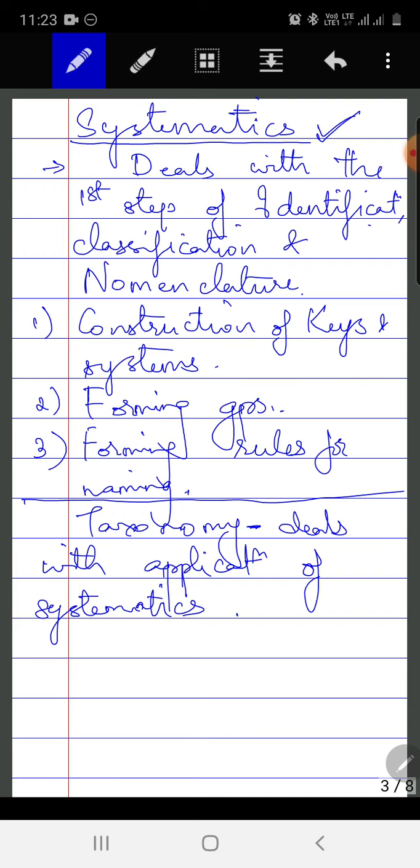Now cockroach is an insect, right? But first you created basic rules for the group insect. In the 9th class you have studied diversity. Now let us suppose if I talk about insects, 3 pairs of walking legs, 2 pairs of wings, and a pair of compound eyes.